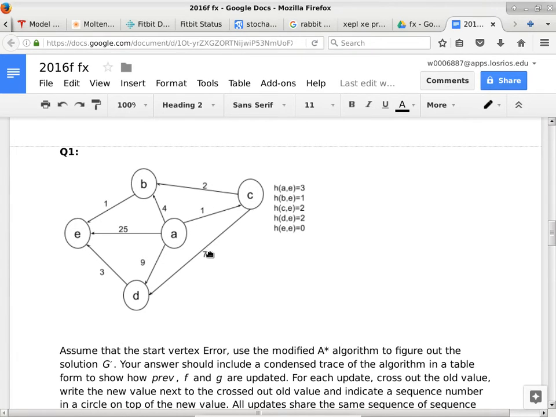So let's check out another heuristic here. Let's check out one that is really far from E. How about C? There you go. So when you look at the heuristics from C to E, it has a heuristic of 2, which means without even exploring the graph, just by guessing, I'm guessing that it will cost me 2 units to go from vertex C to vertex E. Well, as it turns out, the shortest path is actually 3, so I was kind of close.